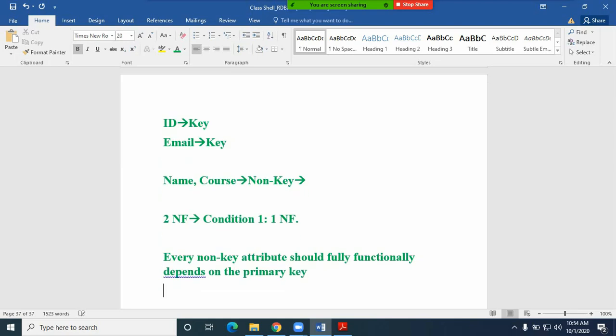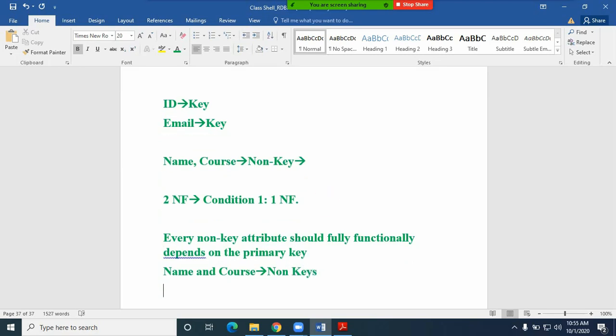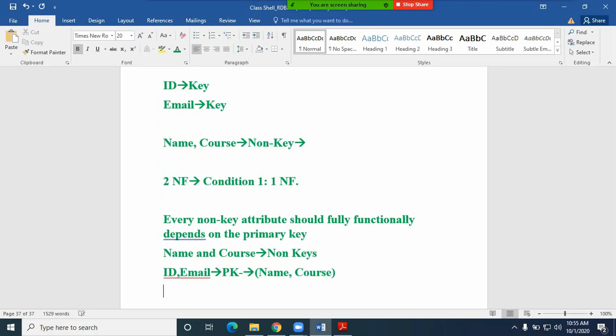It means that whatever non-keys we are talking about, suppose here I am having name and course as the non-keys, and these particular non-keys should be fully functionally dependent. Suppose we are taking ID and email together as one composite primary key, and based on this primary key, the name as well as the course should be fully functionally dependent on the corresponding key.